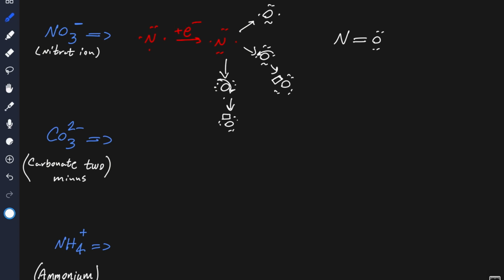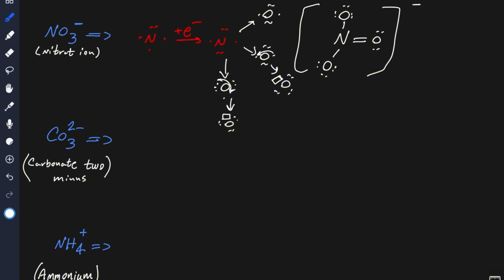So this oxygen and another oxygen, and finally we make a bracket and put -1 here for ions.